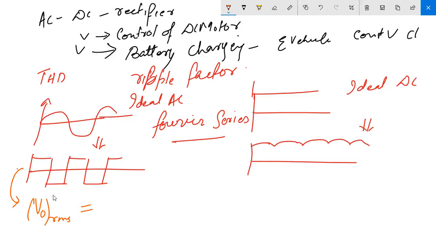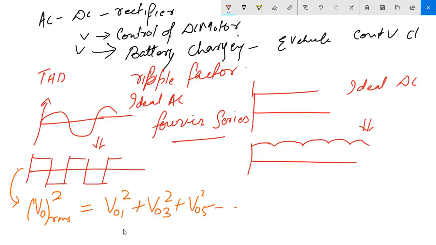Whenever I take the RMS, I use the RMS square, because the root under part goes here. So it will contain V01, that is the fundamental, V03, V05, and so on.